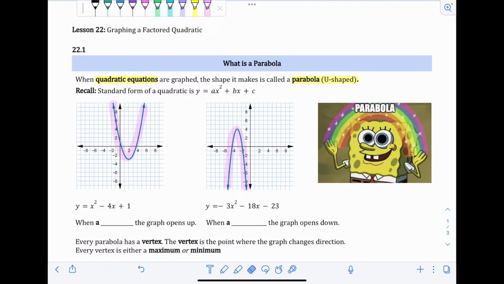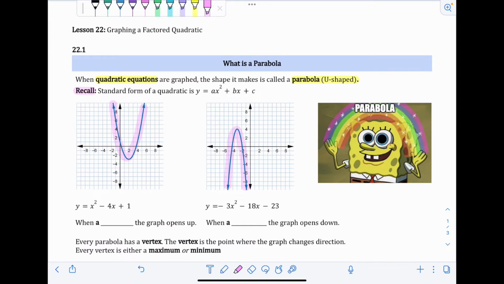Now that we know what the shape looks like, we can talk about what causes it to open up or open down. Before we do that, we'll review what standard form of a quadratic is. Standard form of a quadratic is y equals ax squared plus bx plus c, and a, b, and c are coefficients and a constant term.